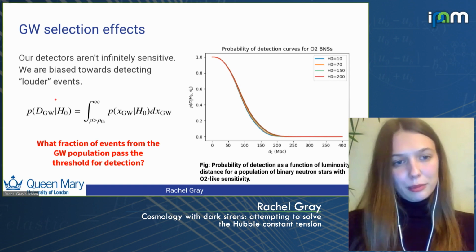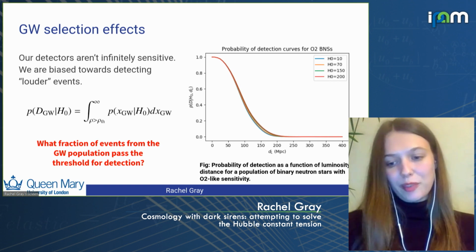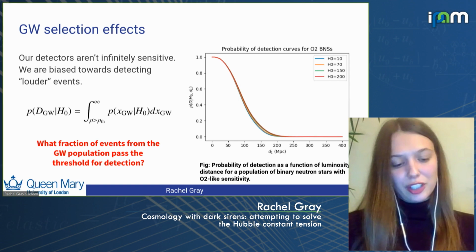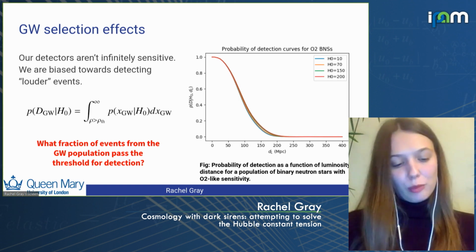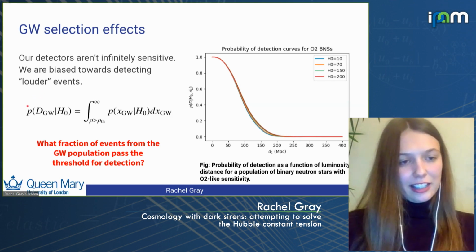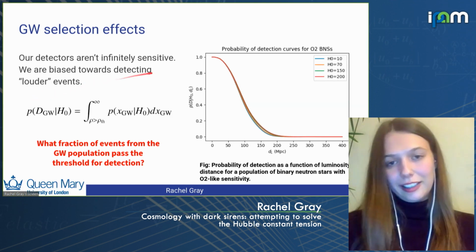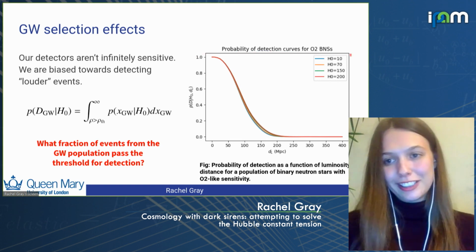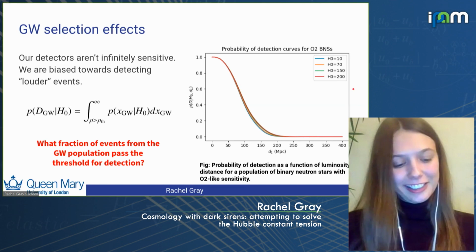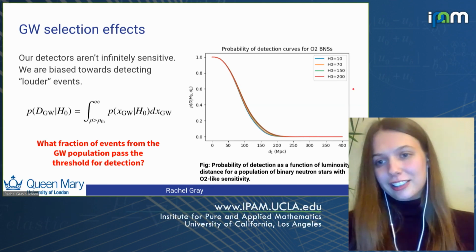Which sounds simple enough, but is going to prove to be very tricky. I will come back to that more towards the end of the talk, but as a hint, it does become more complicated when dealing with binary black holes, for which the populations are rather more uncertain.